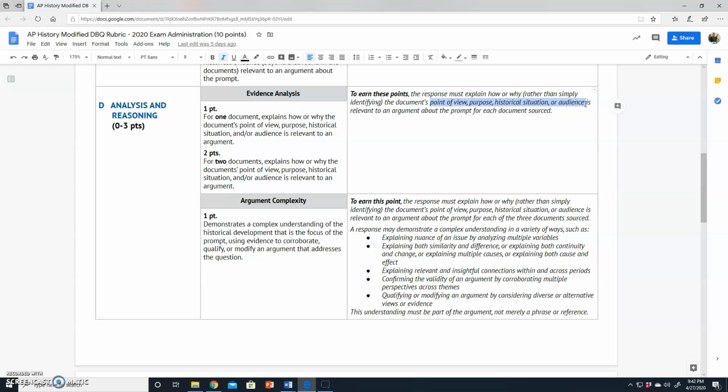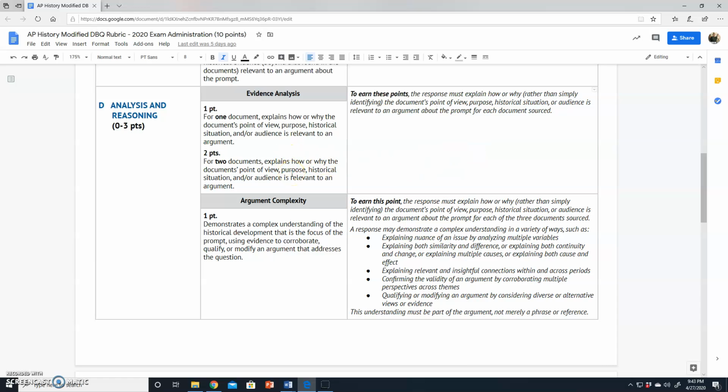Because if their audience is the king, they might be saying extremely positive things to the king, or maybe they are going to be saying extremely negative things about a certain person. So all you gotta do is point those possibilities of their point of view, purpose, historical situation out in that document.